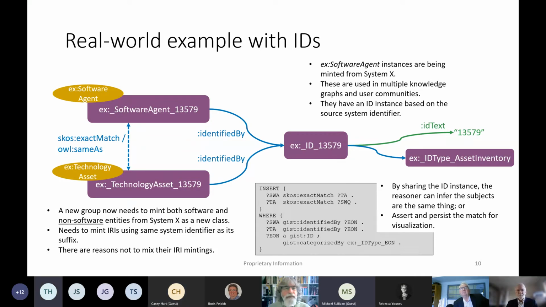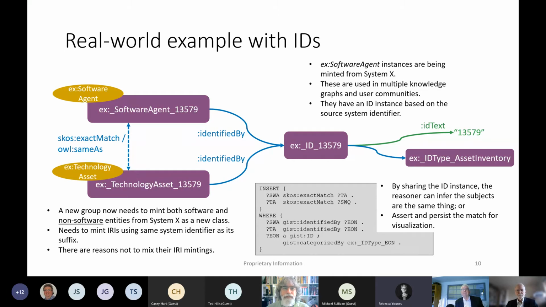I don't want to start a deep philosophical debate, but can somebody tell me the difference between SKOS exact match and OWL same as? SKOS exact match is, I think there's no entailment. Yeah, one is formal, the other is informal. Exact match doesn't mean they're actually the same entity. It means they're semantically very close.